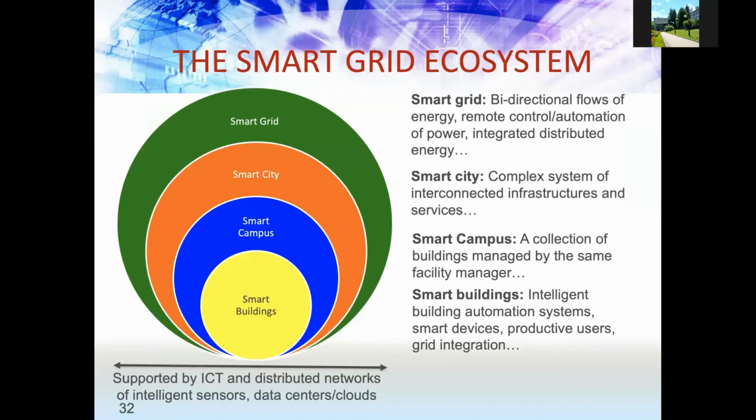That's a smart building. Now I go from smart building to smart campus. A university campus has multiple buildings. Each building can do something to help out. From smart campus, I go to smart city, which has multiple smart campuses, many buildings, shopping centers, and the like.